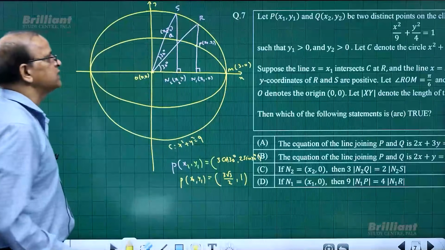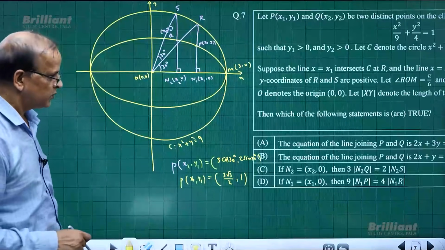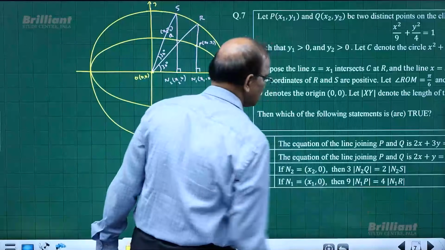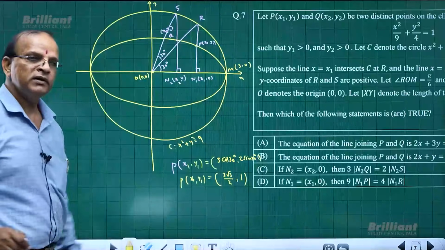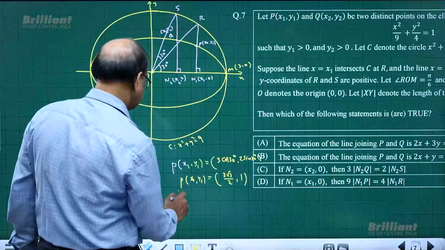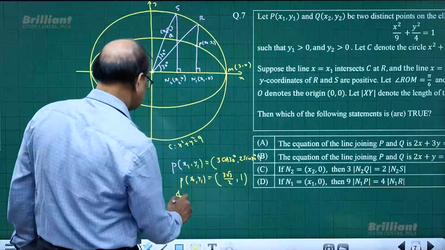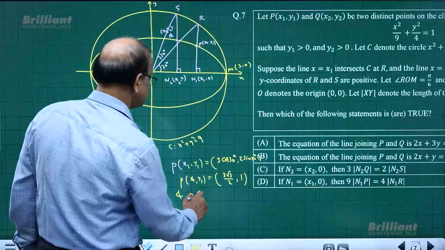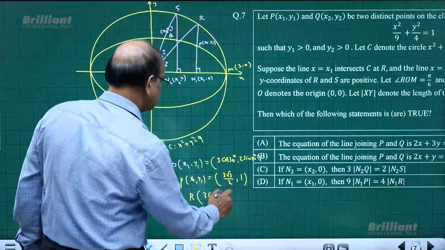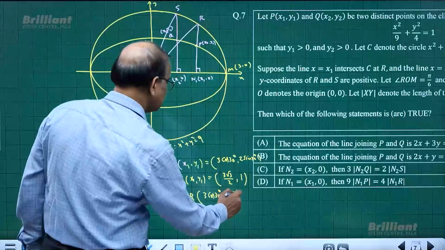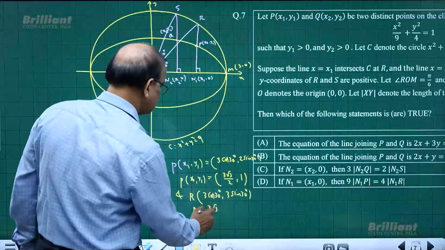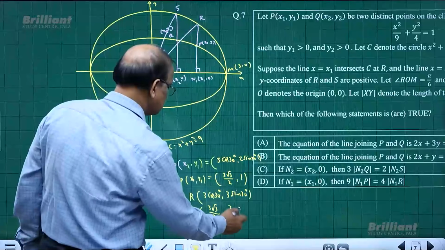This is the P coordinates. We can find the R coordinates also. R is the corresponding point on the auxiliary circle, (a cos theta, a sin theta), so 3 cos 30 and 3 sin 30. So, R is (3 root 3 by 2, 3 by 2).